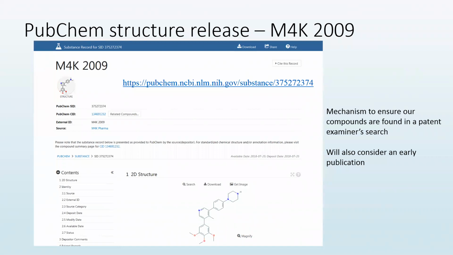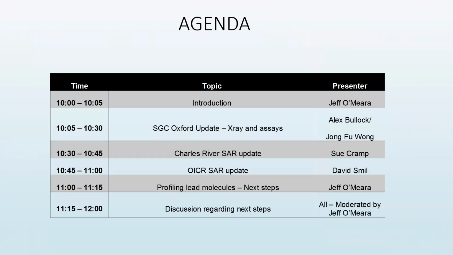But I did want to just highlight that we have started releasing publicly some of our structures to be able to protect them as well as we can without, of course, issuing a patent. So with that, that's really the end of my intro for this week. And I think we can jump right into Alex and Jung-Fu's presentation.